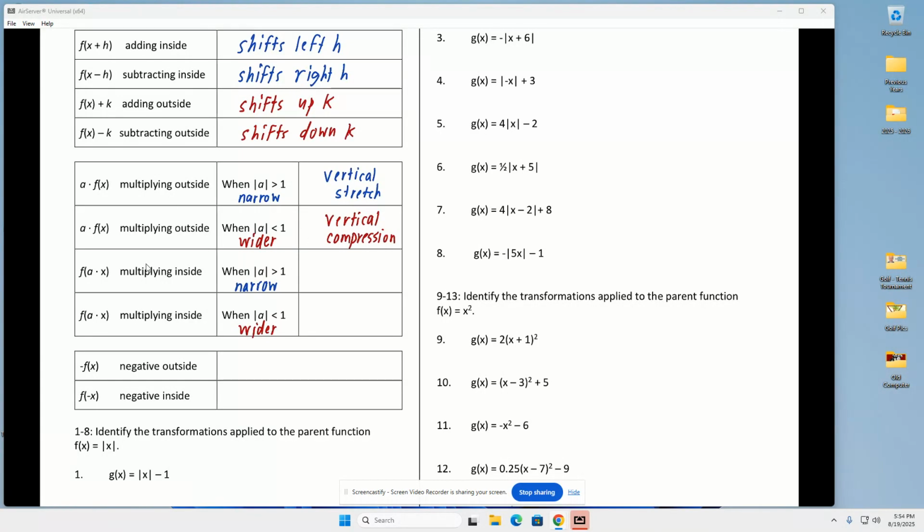Now, remember, it's greater than 1, so it has to get more narrow. So when I think about multiplying inside, and I know it's a horizontal dilation, which horizontal move makes it more narrow? Well, that's definitely a horizontal compression. Think about it. Picture it. A horizontal compression makes it more narrow. And then what move horizontally makes it wider? Horizontally stretching it.